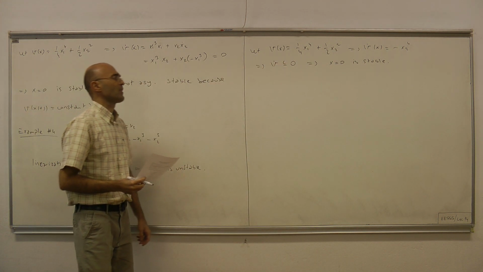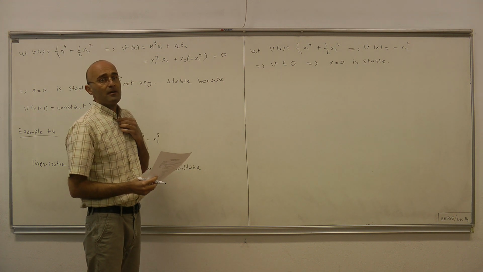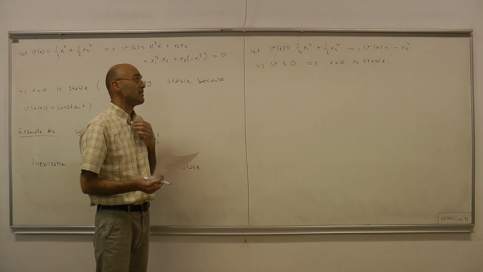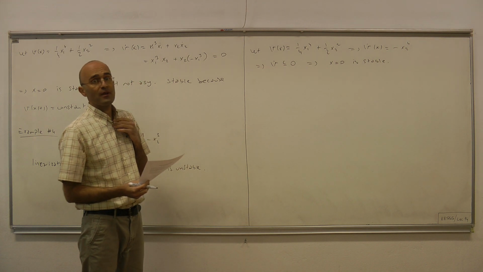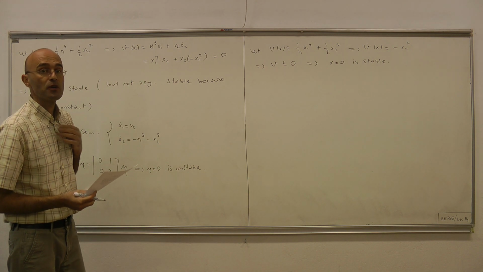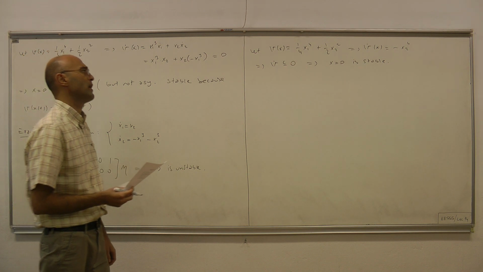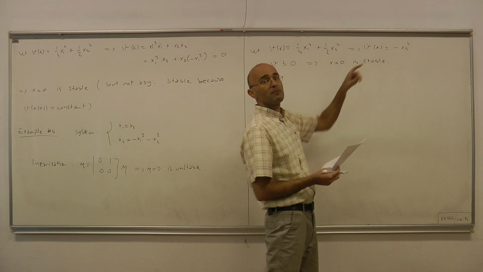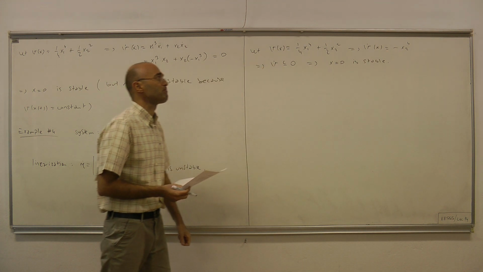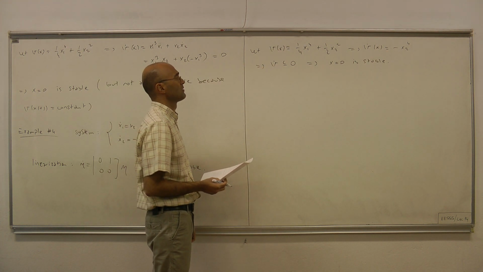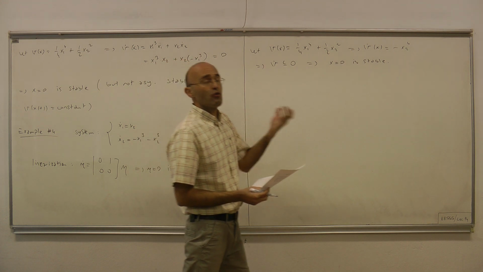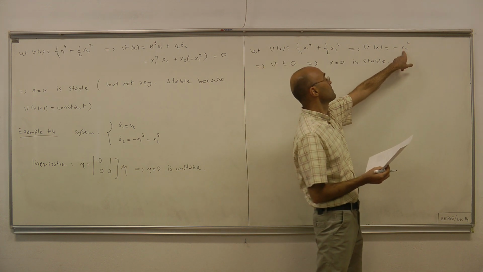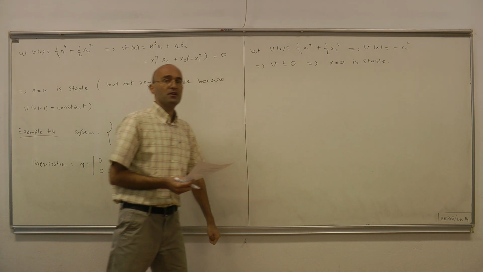And we can now go further with the help of LaSalle's invariance principle and attempt to show perhaps that the origin is not only stable but also asymptotically stable. For that, we try to figure out the largest set of solutions for which V dot is identically zero, that is, for which the x2 component is identically zero.